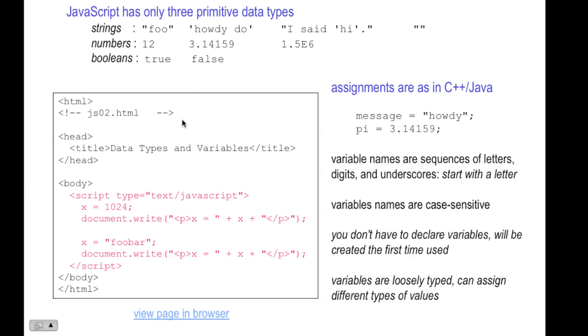And again, just as I was doing last time, you can cut and paste these examples and put them into text files and run them. I'm going to save you that and let you do it as your own exercise. But here we have message is equal to howdy, pi is equal to 3.14, and so on. And in here we have x is equal to 1024, document.write, and then we can actually put x in here. And when we do that, the pluses here are concatenating.